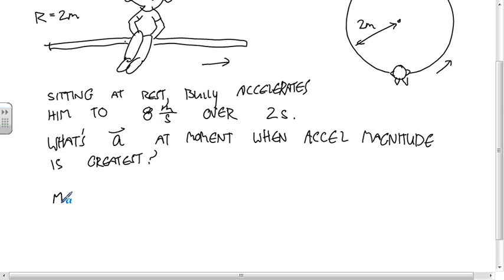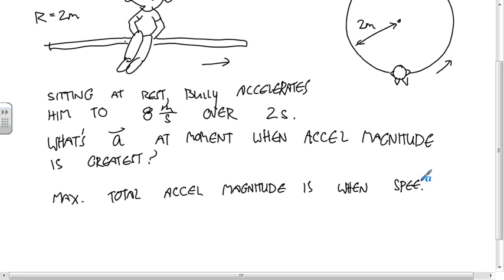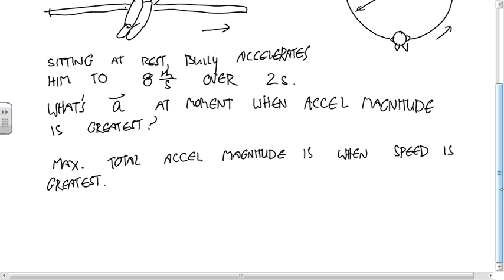Okay, so the maximum total acceleration magnitude is when the speed is greatest. And that's always the case if you're talking about a constant tangential acceleration, and that's what all these are going to be.